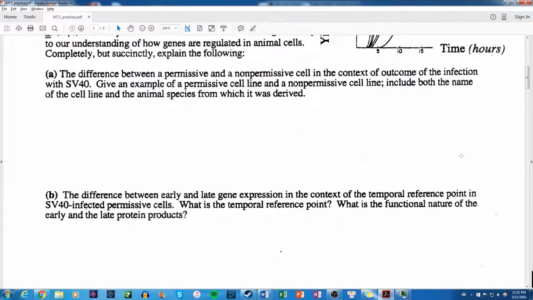If it's at the uncoating phase and transcription-translation phase, then the early genes would be expressed. If it's now past that stage and it has gone through RNA or DNA replication, then it will do late gene expression. So for this question specifically, SV40's temporal reference point is whether or not the virus has replicated its DNA.